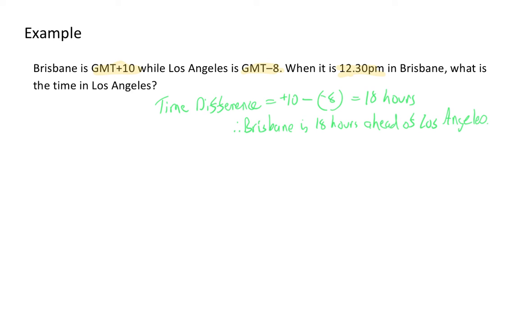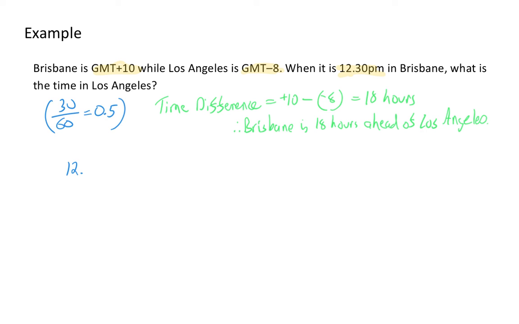in Brisbane. To do that, I want to convert that into a number that is a decimal. And similar to 24-hour time, 12 p.m. is going to be 12. But then I've got 30 minutes that I need to deal with. To convert that into a decimal, I'm going to divide the number of minutes by 60, because there's 60 minutes in an hour. So that is going to be 0.5.